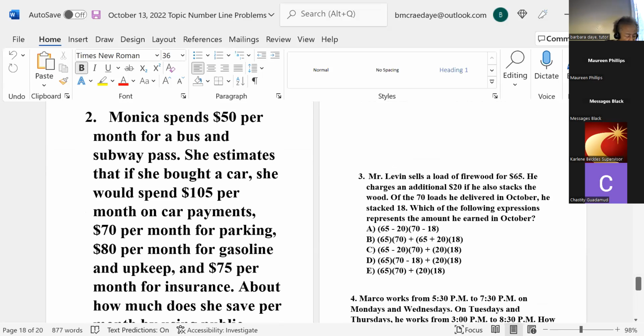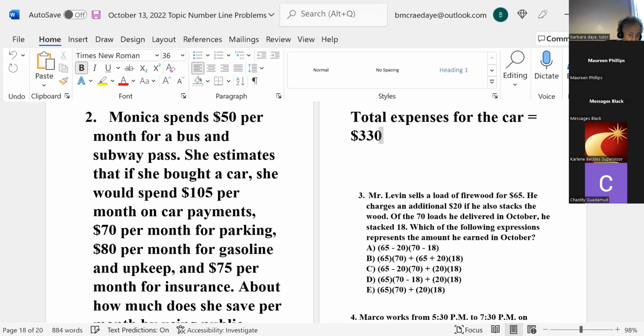Okay, so total expenses for the car equal, and Maureen said $330, right?